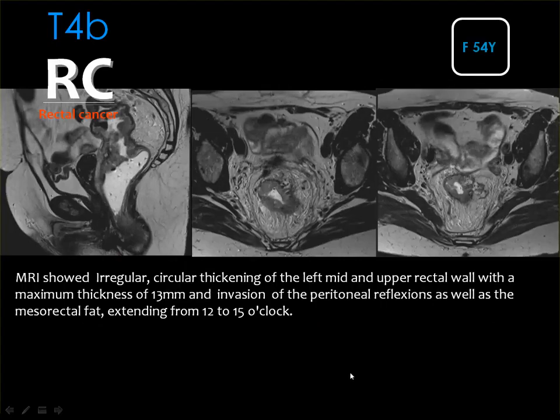Then stage T4B means that the tumor has invaded the peritoneal structures as well as the adjacent organs, as you will see. Here you see the mesorectal fascia, and there is significant perirectal invasion.